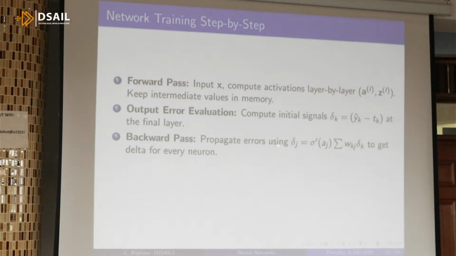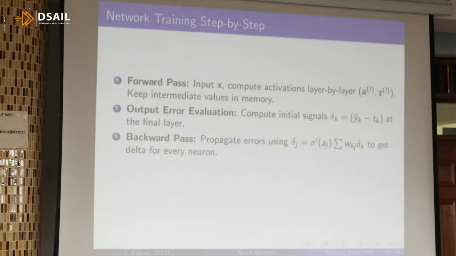And then propagate these errors using this thing here to get the delta for every neuron. This is known as a recurrence relation. You're basically saying to compute the error here, take the activation function here, compute its derivative, and then compute the error in the next value, the error in the next value multiplied by the connecting weights.